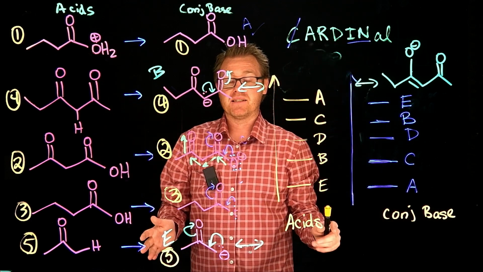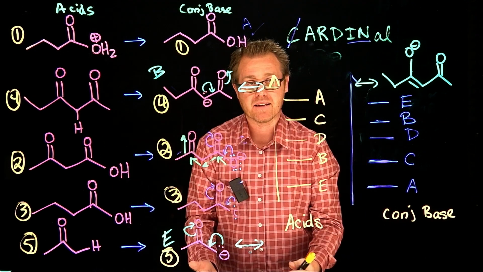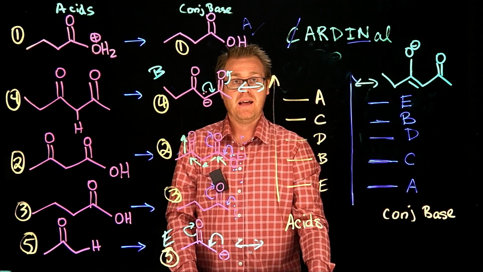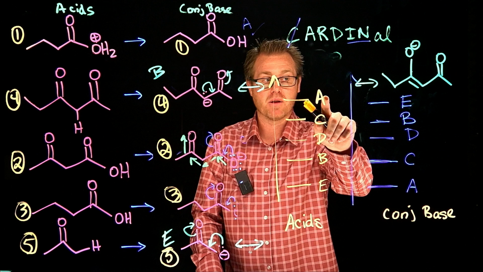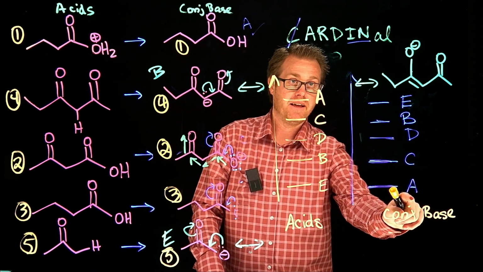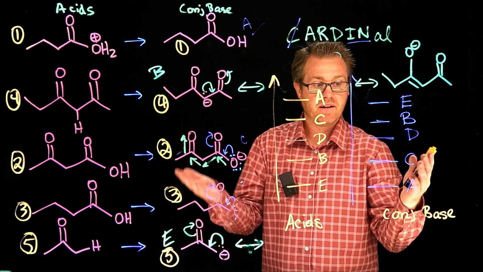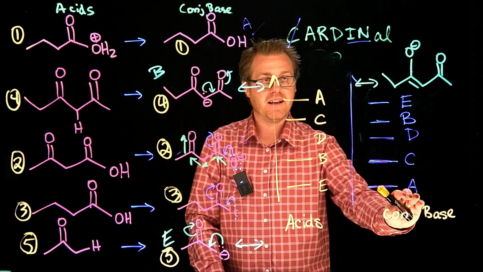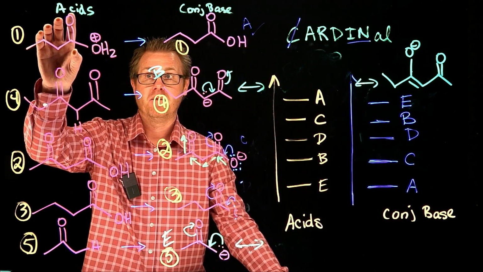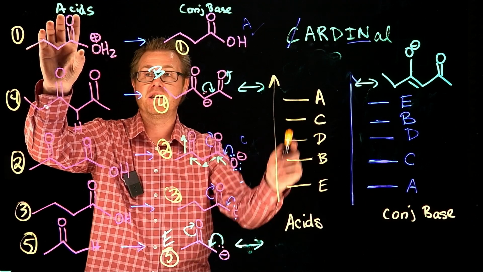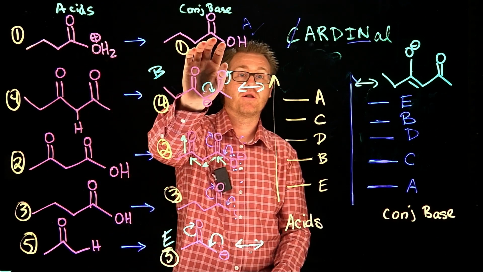The acid is like, life is hard up here. I need to react with something. And if I react with something, what happens to its conjugate base? Its conjugate base now, the new molecule, is very stable. It's the lowest in energy. So that's why this is the most acidic, because it's so high in energy, so unstable, it wants to get rid of that second proton to look like this.